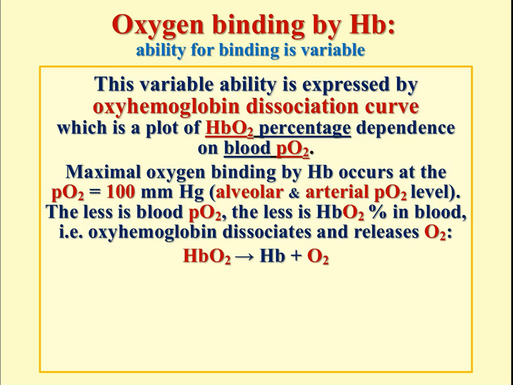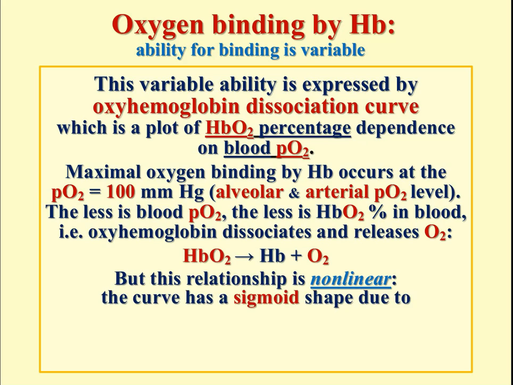Hemoglobin O2 becomes converted to hemoglobin separately and oxygen molecules separately, and these oxygen molecules can diffuse into tissues and go into cells. This relationship is nonlinear. It would be very easy to predict the level if it were exactly proportional, but it's nonlinear.